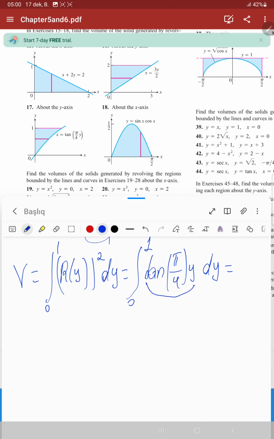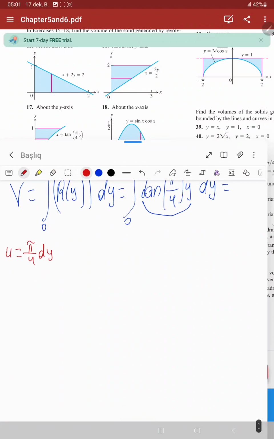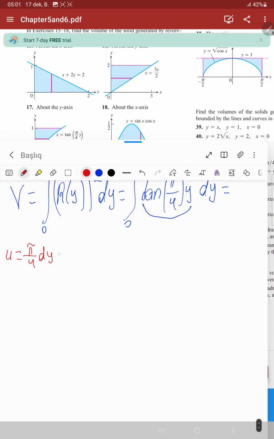To find the integral of this, we'll use the substitution rule. What is the substitution rule? We'll take u equal to pi over 4 y, and let's multiply each side by 4.